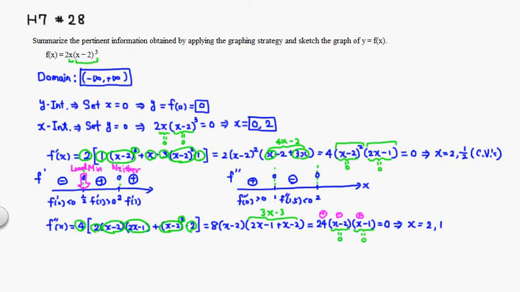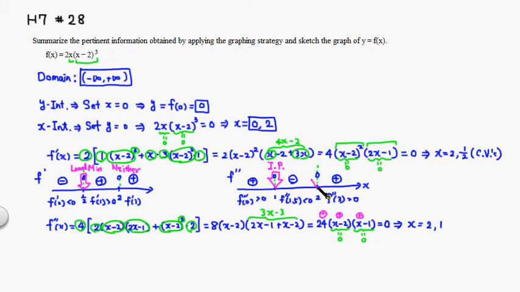Right, and after that, let's see, we can try f double prime of, let's say, 3. Alright, then you have 3 minus 2 is actually positive, 3 minus 1 is positive, all positive, which means that there's positive here. So you have a concave up here, so there's concavity change. So we know that there's going to be an inflection point at x equals 1, because concavity change, so you have an inflection point there.